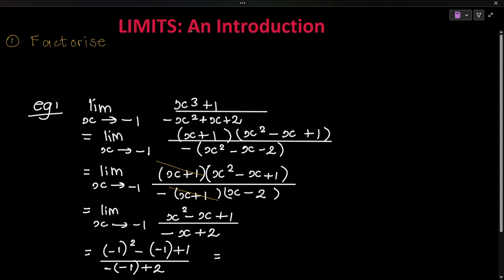So if we simplify the numerator, we're going to get 3. So negative 1 squared is 1, 1 plus 1 plus 1, that gives us 3. In the denominator, negative times negative 1 gives us positive 1. Positive 1 plus 2 gives us 3. So we have 3 over 3, and that is going to equal 1. So this is our final answer.